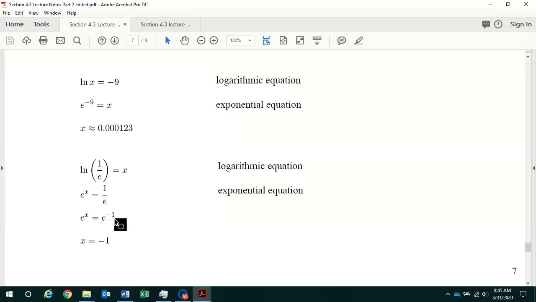But 1 over e is the same as e to the -1 power. Now we have e to the x is equal to e to the -1. The bases are the same, so the exponents must be equal, and we have x is equal to -1. So we put in -1 for x up here. We have the natural log of 1 over e is equal to -1.